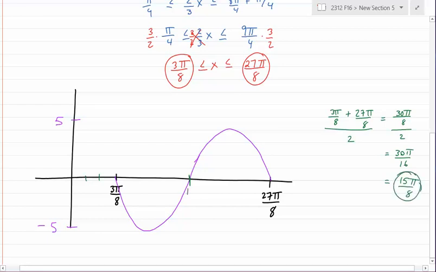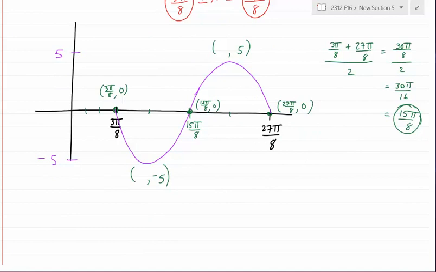That seems reasonable. Okay, to get the 5 key points, there's 3 of them, and then I would need to know the minimum and the maximum. So this key point goes up to 5, this one goes down to -5, but I need the x values, of course. So you can find what's in the middle of 3 pi over 8 and 15 pi over 8.